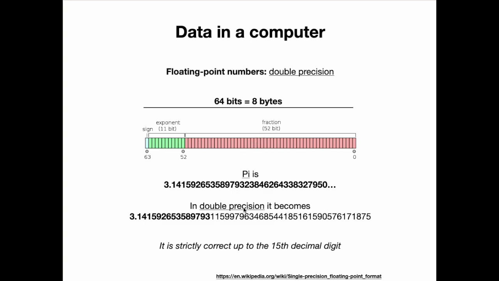So in double precision, the number pi becomes this one. And you see that you gain basically 15th decimal digit. So you increase the precision of your number quite dramatically by using double precision.